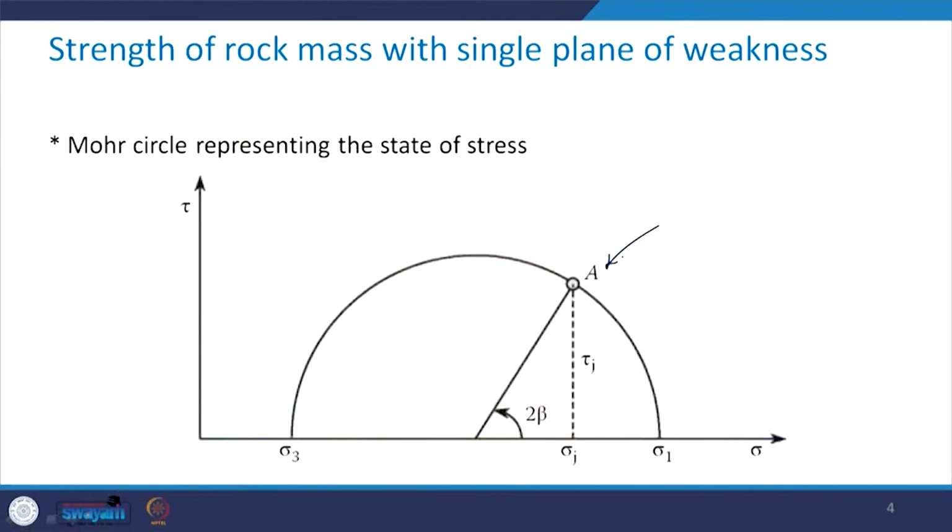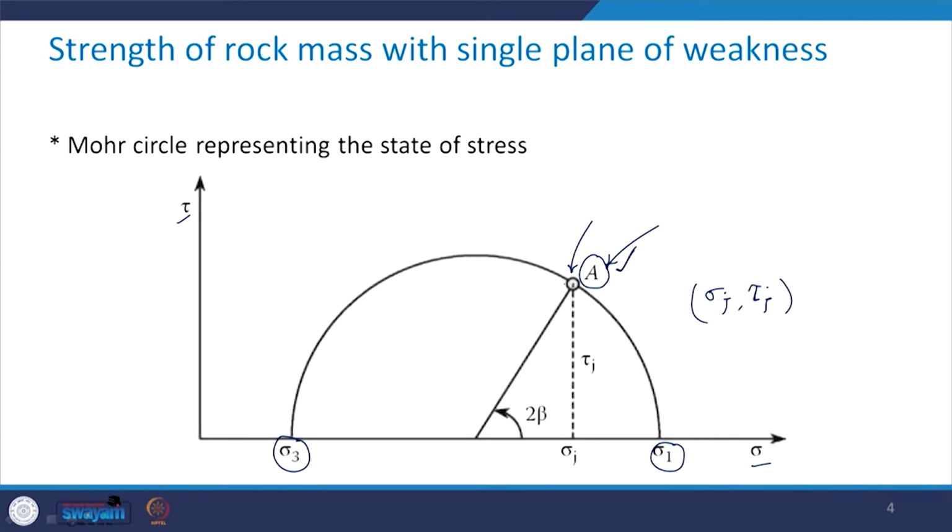So, let us say that there is a state of stress represented by this point A in tau-sigma space, which will have its coordinates as sigma j, tau j, where sigma 1 and sigma 3 are the major and minor principal stresses, because here this is giving us the state of stress at failure.